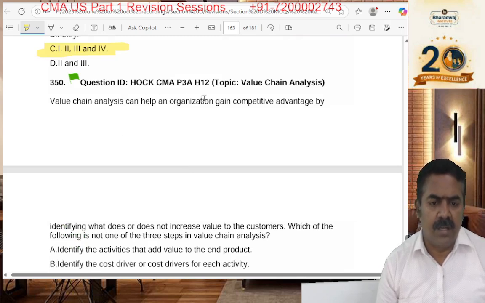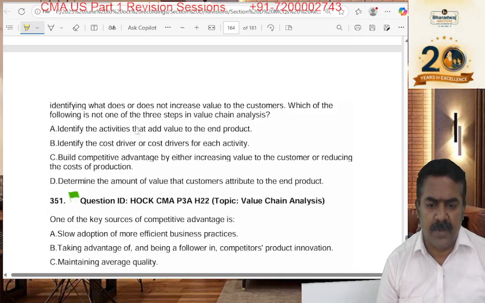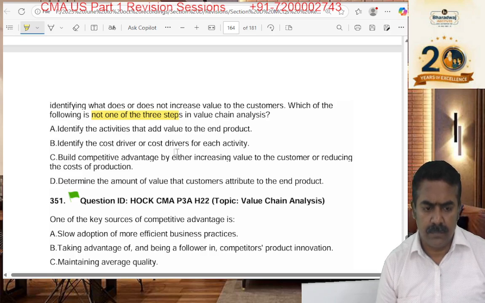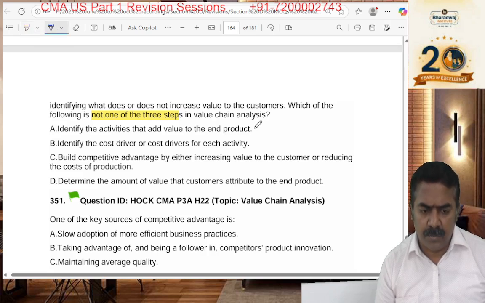Value chain analysis helps the organization to gain competitive advantage by identifying what it does and what it does not do. Which one of the following is not one of the 3 steps in value chain analysis? Identify the value that adds to the product, okay. Identify the cost driver, correct.